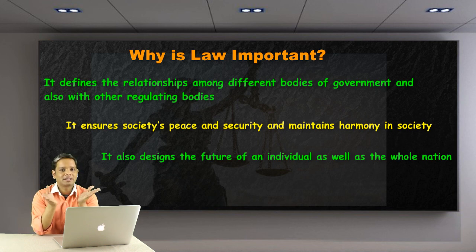So all these things collectively promote peace, security and welfare in the society, not only in the present but also for the future, so that the government can design the plans and policies accordingly. So these all are the importance of law, not only in the country but in our personal life as well.